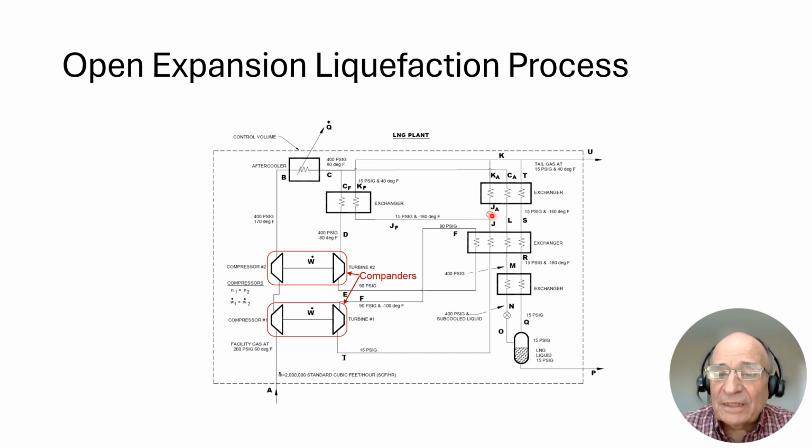Now here it splits. It goes into this heat exchanger and extracts heat from the feed gas, but it also goes into this heat exchanger to extract heat from your refrigeration gas. And this is the balance valve that balances how much of this gas is going up into this exchanger to cool down feed gas and how much gas is going into this exchanger to cool down refrigeration gas.